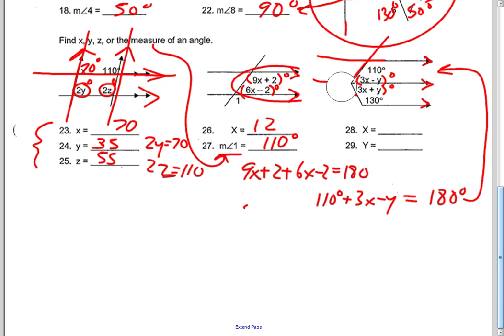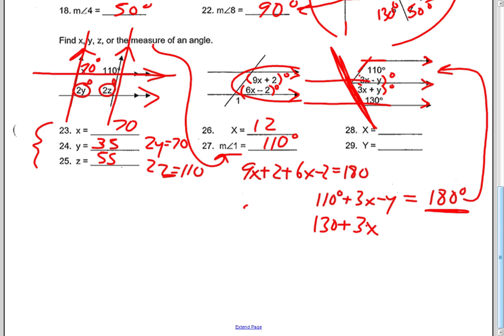Well, if I take that away and extend this one as the transversal, and these two are my parallel lines, that means 3x plus y and 130 are equal to 180. 130 plus 3x plus y equals 180. So same classification.